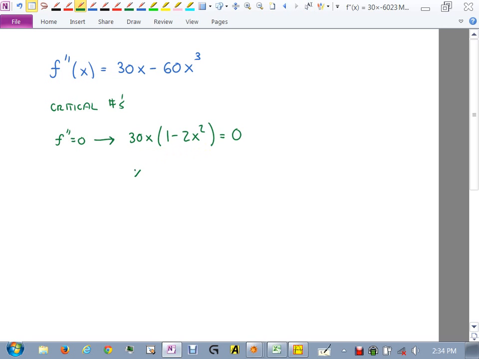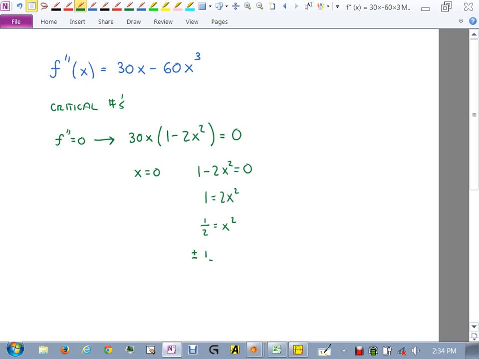So I know one answer is 0, right? From this, the only way that 30 times x can be 0 is if x is 0. This one, maybe you need to write that out a little bit. Just solving an equation here. Take square root on both sides.